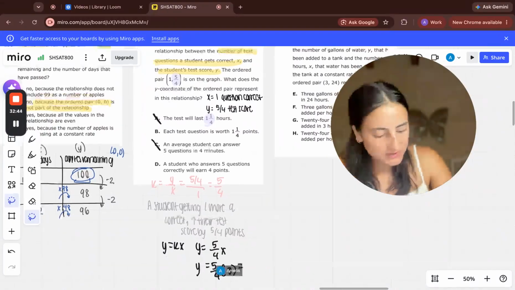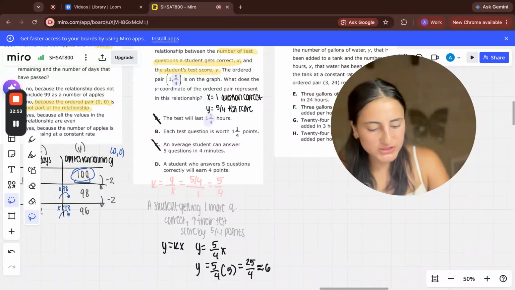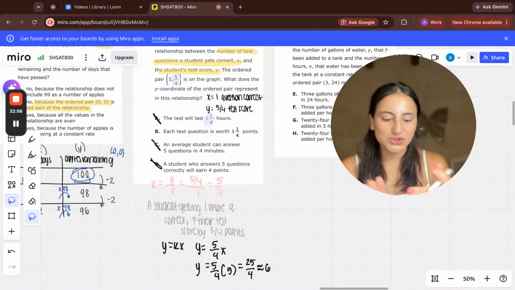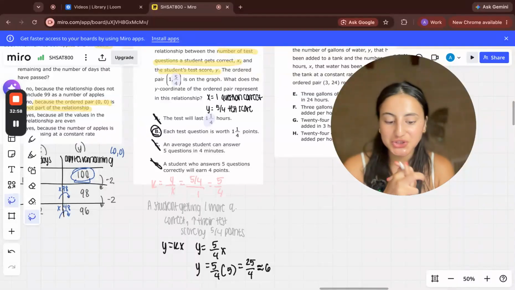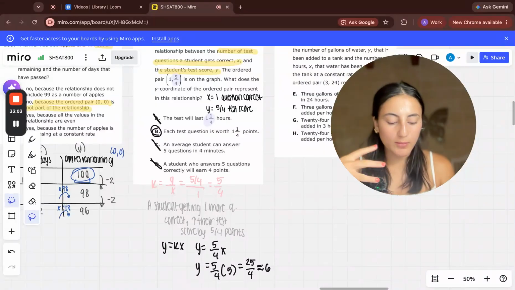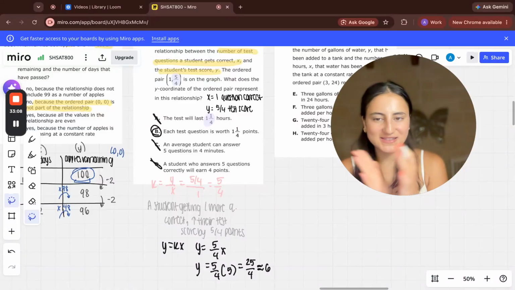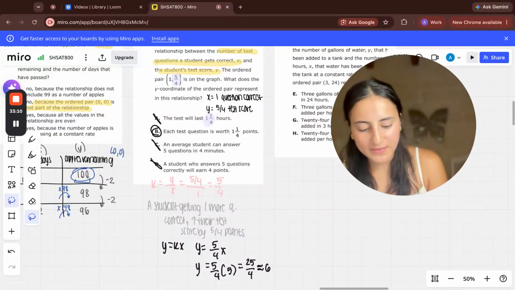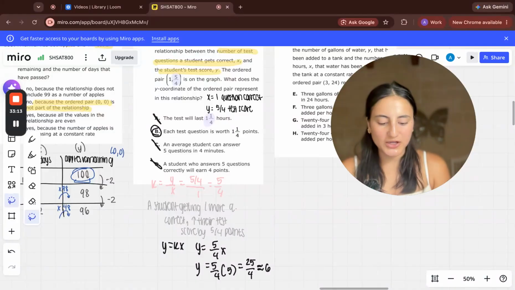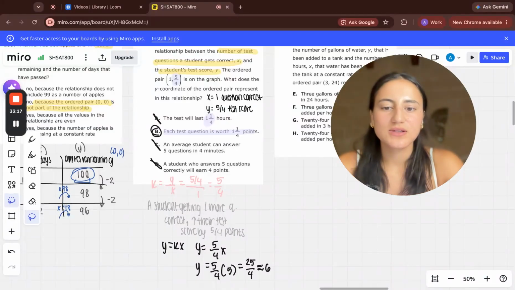Well, if we solve that out, it's equal to 25/4, which is roughly equal to about 6, which is not what D says. So B is the correct answer because getting one more test question correct increases their score by 5/4 points, which matches this. I hope that explanation helped a little bit. It was definitely a trickier question, but that's why it's important to have that conceptual foundation.